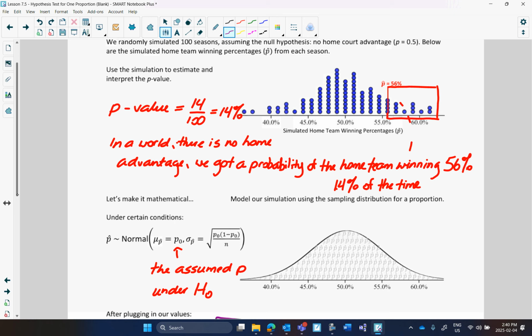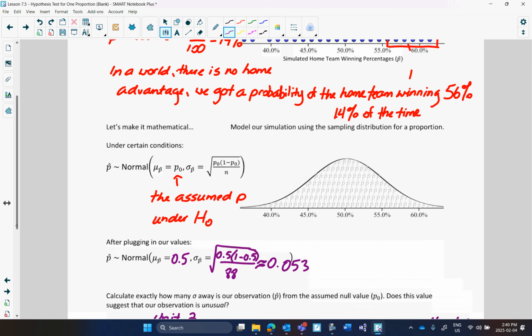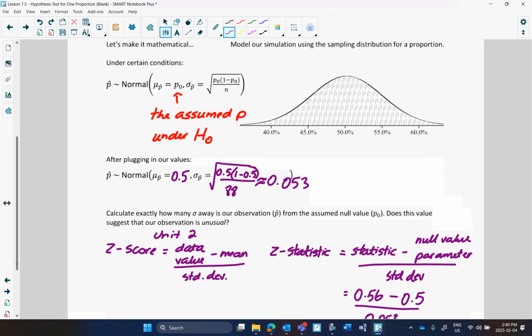For here, we had to figure out the Z statistic. Then we had to use the normal distribution to find the likelihood. Whereas with confidence intervals, we actually were having to find the area like 95% or 90% or 99%. We found those boundaries. Here we're kind of going in reverse. We're finding the probability of that area.